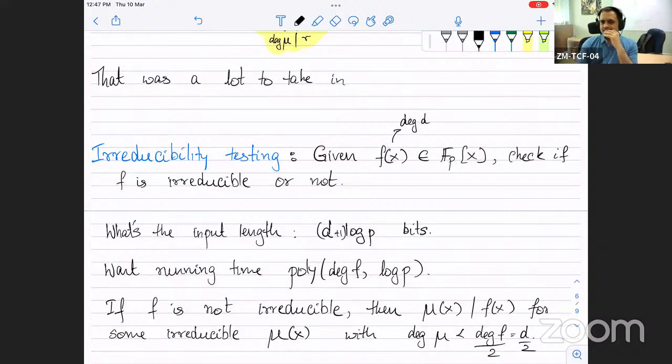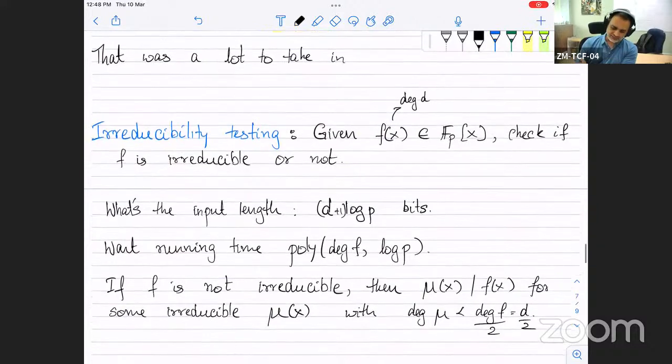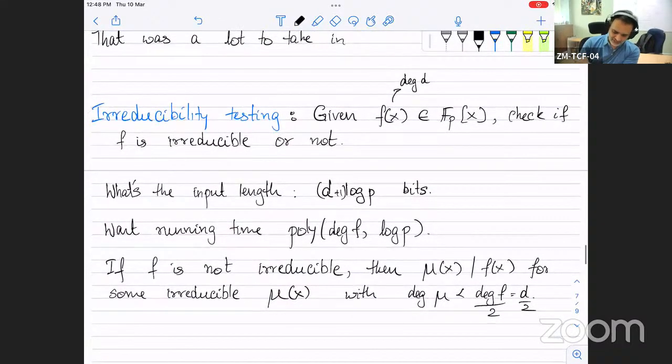Now is there a way of somehow pulling that out, getting our hands on it? Let's say I don't even want to know what this mu of x is. I just want to know, does such a mu of x exist or not? Okay, so I'll give you one more hint. Suppose f had such an irreducible factor.